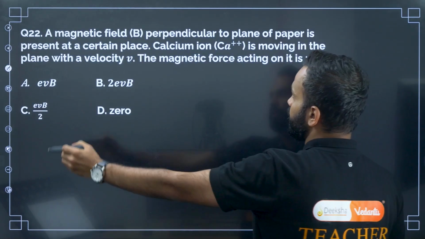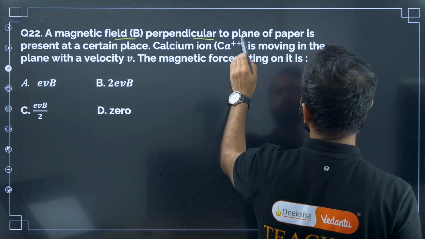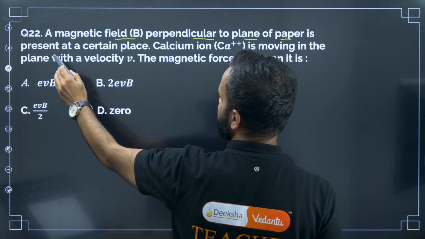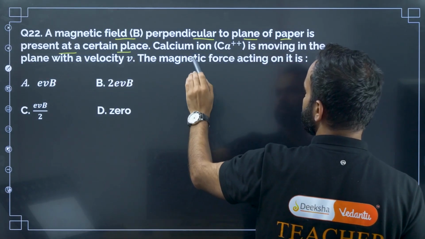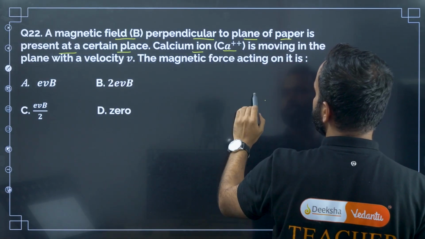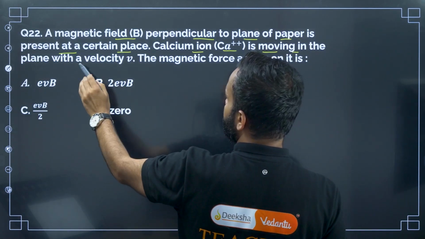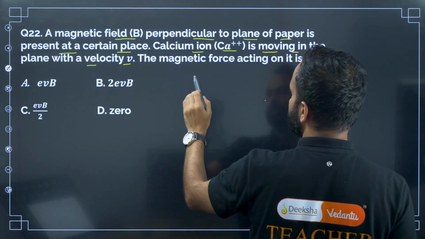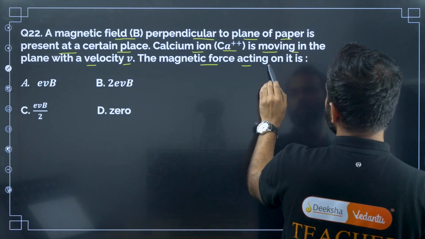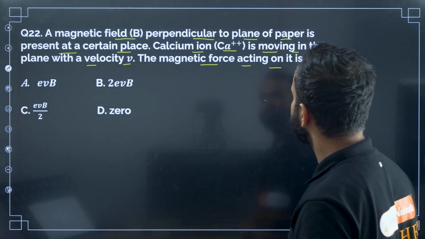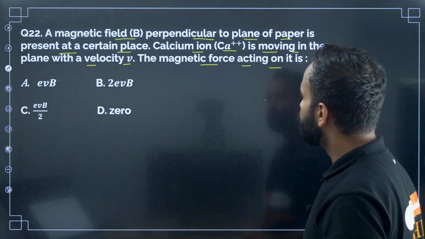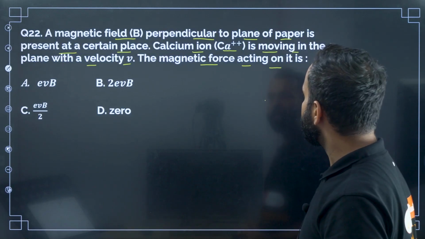Question number 22. A magnetic field B perpendicular to the plane of the paper is present at a certain place. A calcium ion Ca2 plus, that is 2Q, is moving in the plane with velocity V. The magnetic force acting on it is? We need to find the magnetic force acting on the calcium ion.